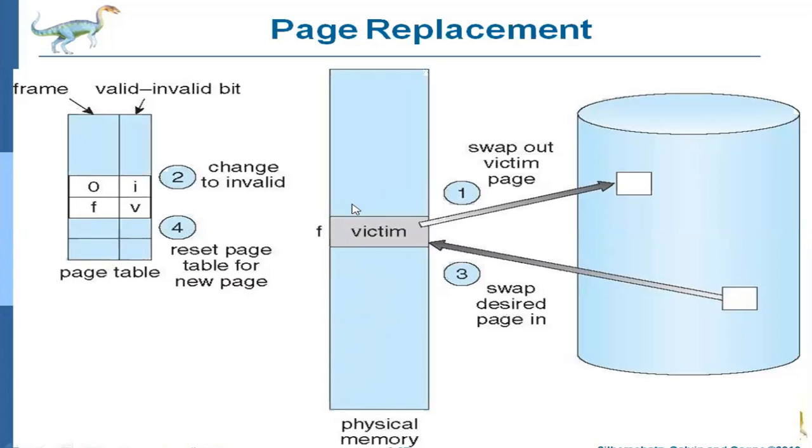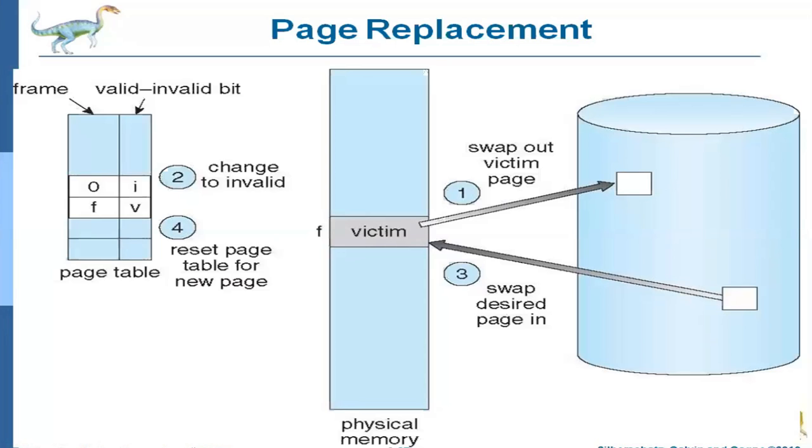So what happens here first is, select any one frame in the physical memory, then swap out that victim page. The victim page is nothing but the page you select to free a frame. That victim page is stored on the disk, that means swapped out from the main memory to disk.